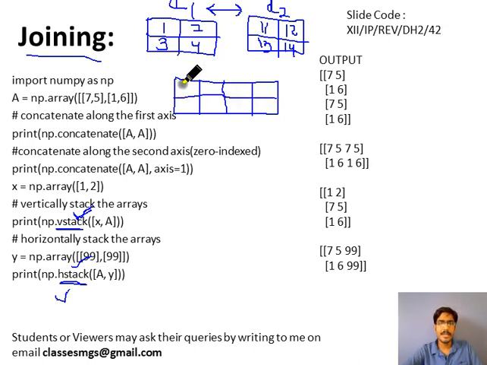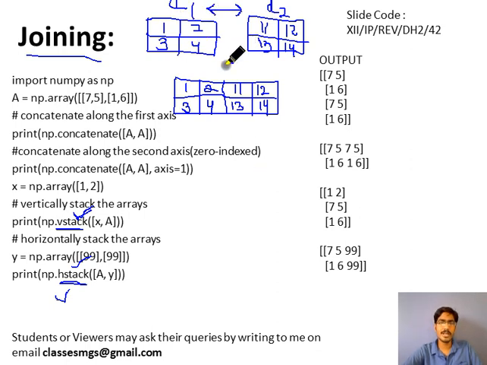So what will happen if you join horizontally? 1, 2, 3 and 4 will come here, then 11, 12, 13 and 14 will come here, like this. This is the example of joining these two arrays horizontally.